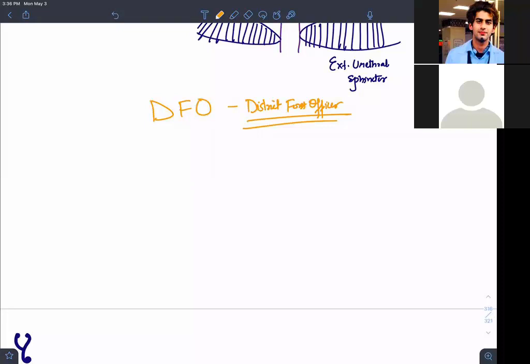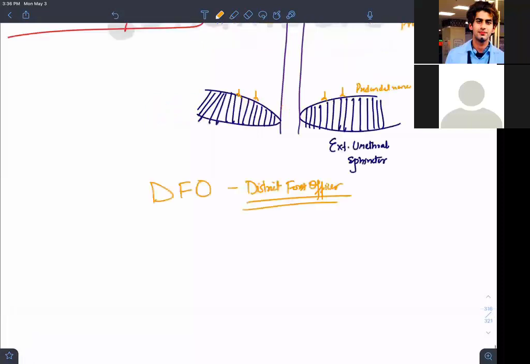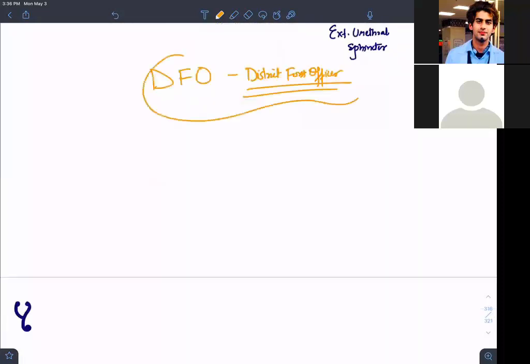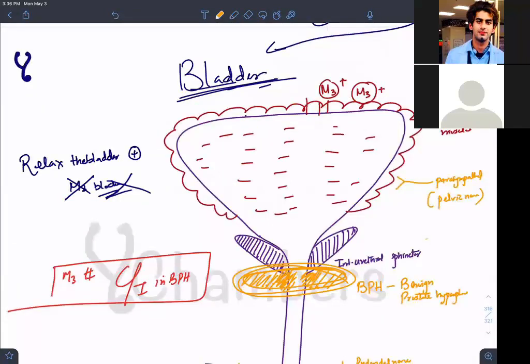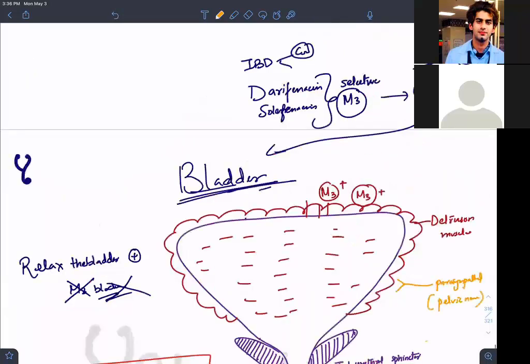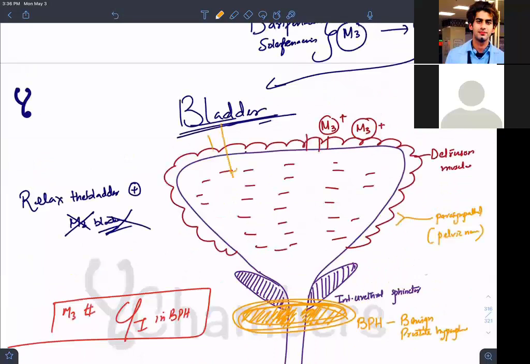Now I want to tell you what DFO we are using. Before seeing this DFO story, when you are stimulating the parasympathetic supply, giving a parasympathomimetic on the bladder, you will void the urine. If you stimulate M3, you void the urine.